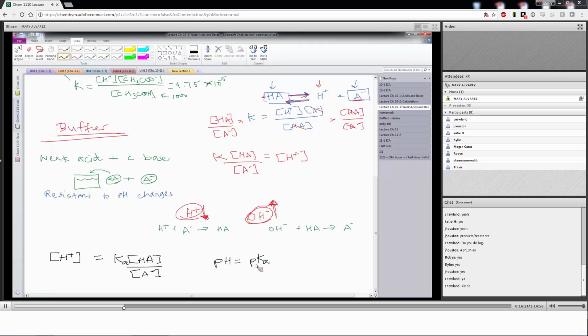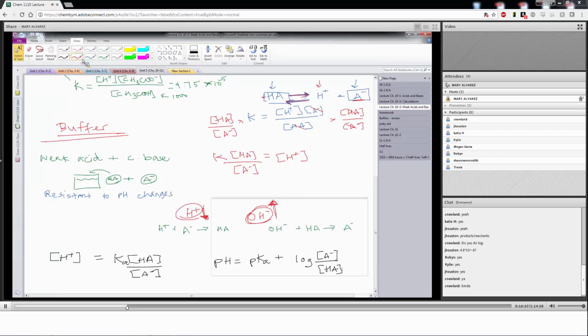That little p just means the minus log, so it's the minus log of the Ka, plus the log of the A minus divided by the HA. That second equation is called the Henderson-Hasselbalch equation, and that equation is in your textbook. And it's just mathematically derived from this first equation given here.